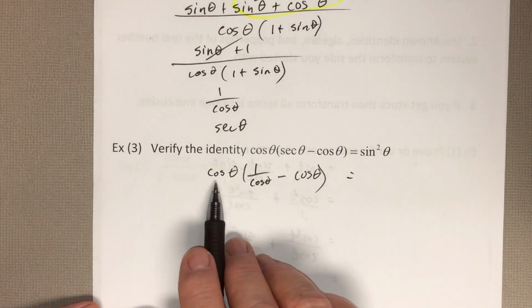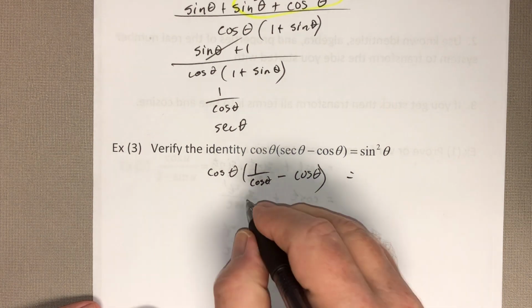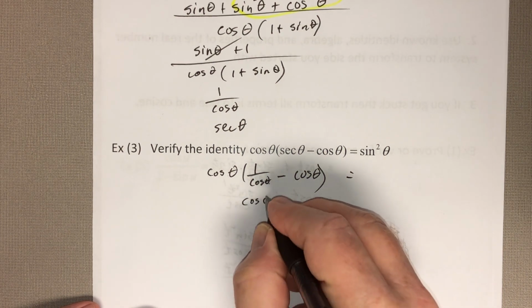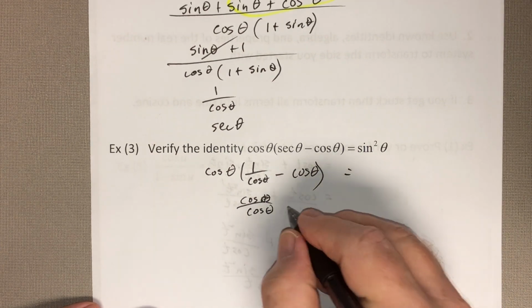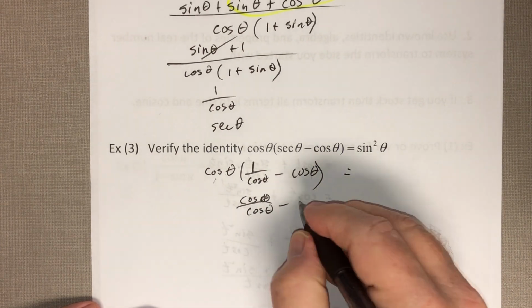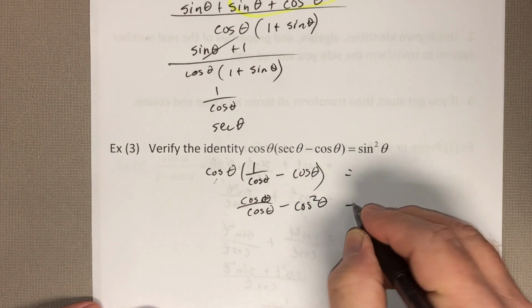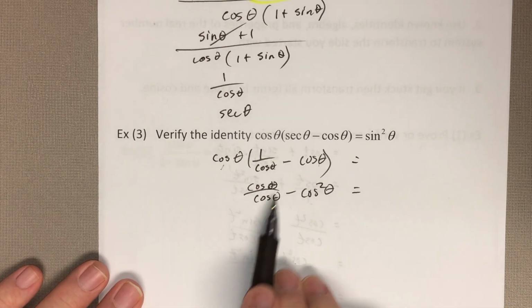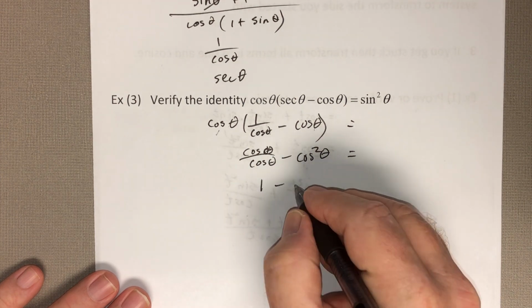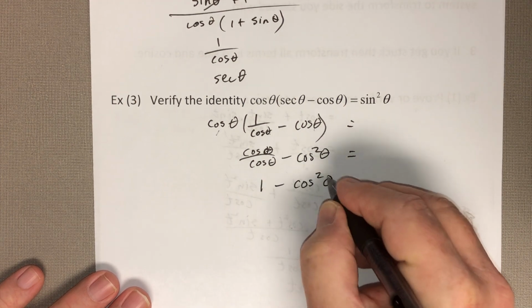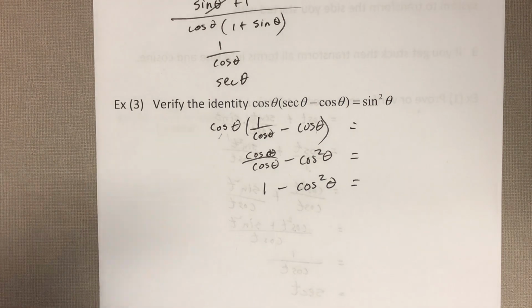If I distribute, this times this gives you the cosine of theta divided by the cosine of theta, minus this times this, which is the cosine squared of theta. But wait a minute, the cosine of theta divided by the cosine of theta is simply 1, and 1 minus the cosine squared of theta is, oh, that's from one of our Pythagorean identities.